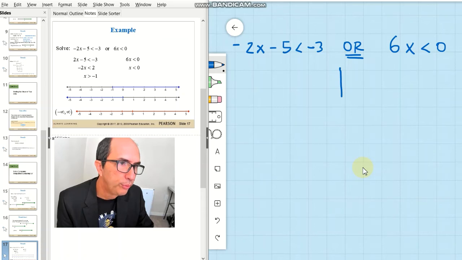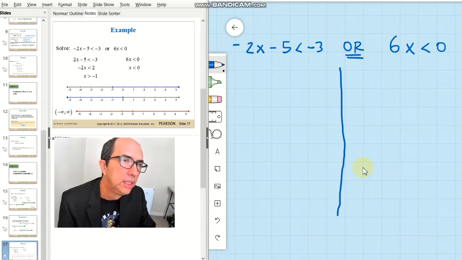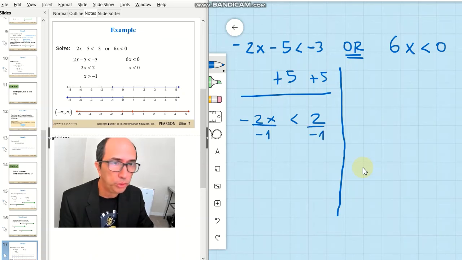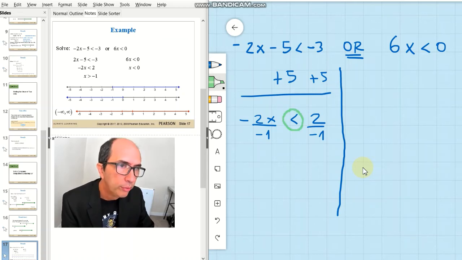Let's solve for each inequality first, and let's add 5 on both sides. Then you have negative 2x is less than negative 3 plus 5. Then divide by negative 1 on both sides, or multiply both sides by negative 1, doesn't matter. Don't forget to flip the sign of the inequality.